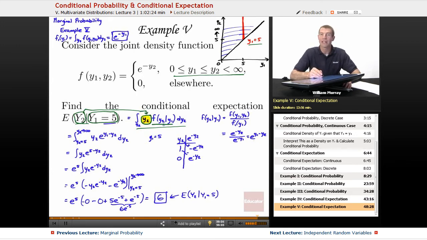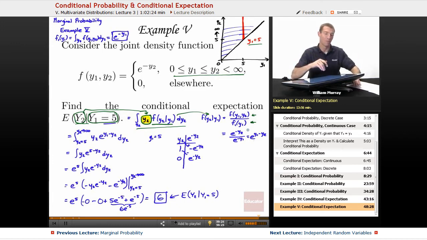Now, what about this f of y2 conditioned on y1? Well, that's something we have to calculate as the joint density function divided by the marginal density function. And the marginal density function was something that we figured out back in the lecture on marginal probability.